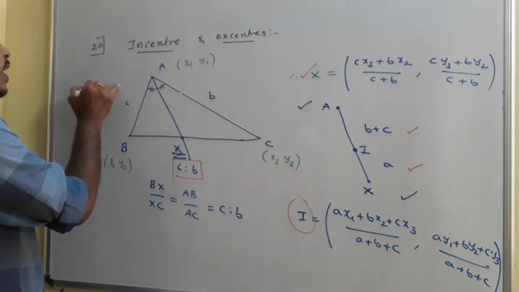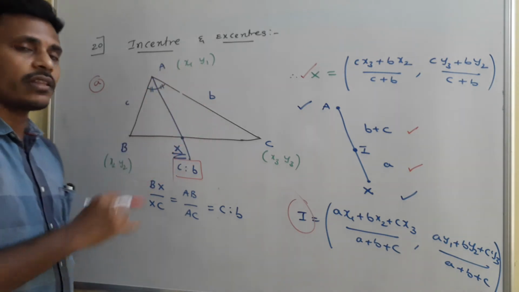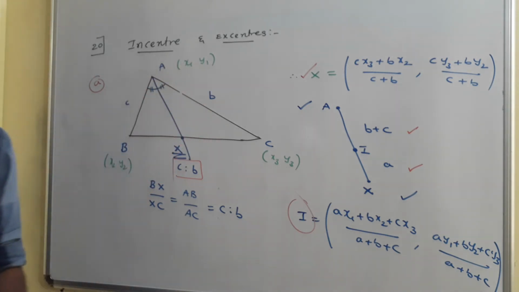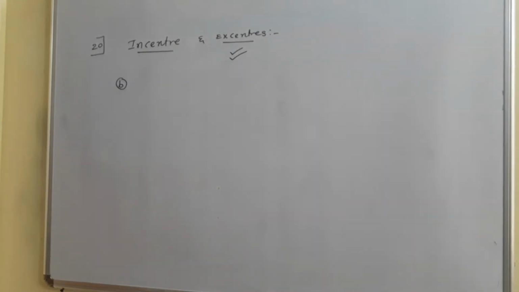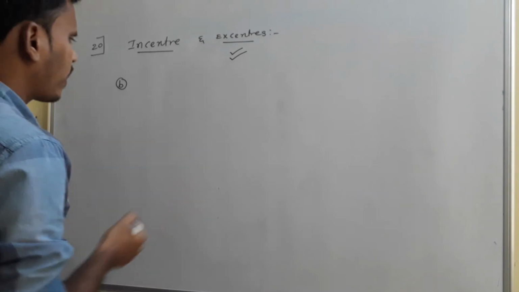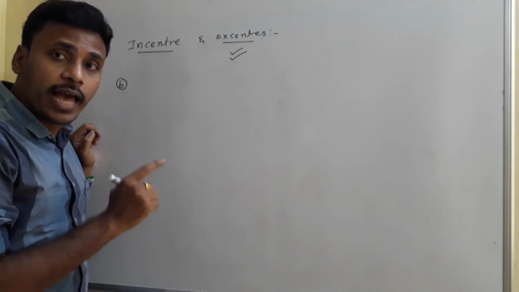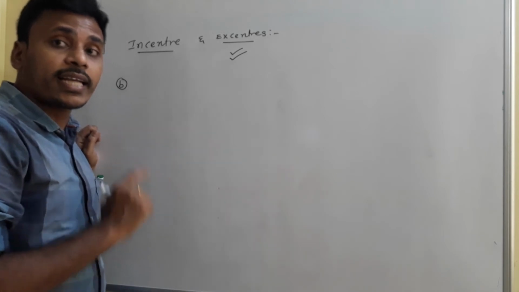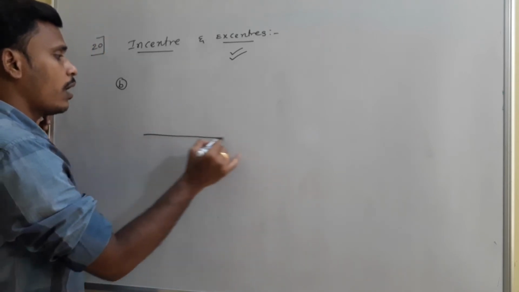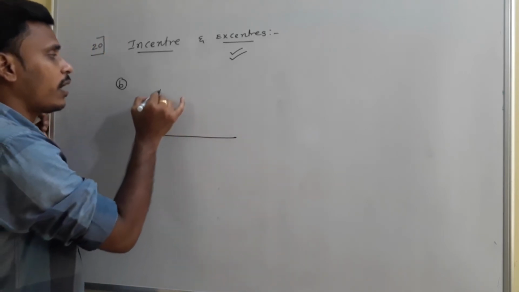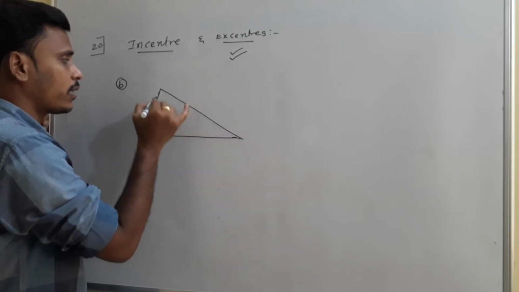You just take it as A, and then by erasing this, I will give you B. How to calculate the coordinates of excenters? Have a look. Excenters. What is an excenter? An excenter is the point of concurrency of one internal angular bisector and one external angular bisector.